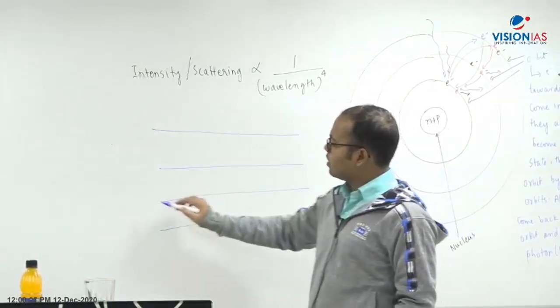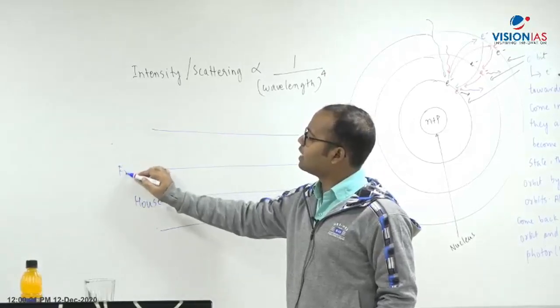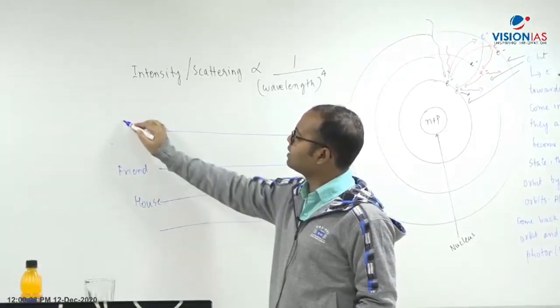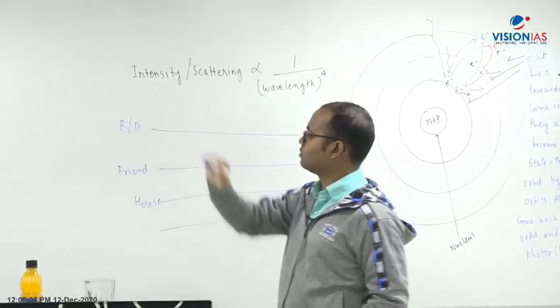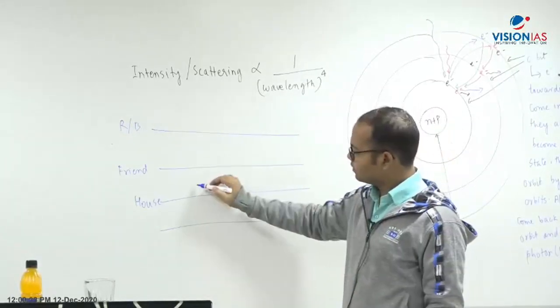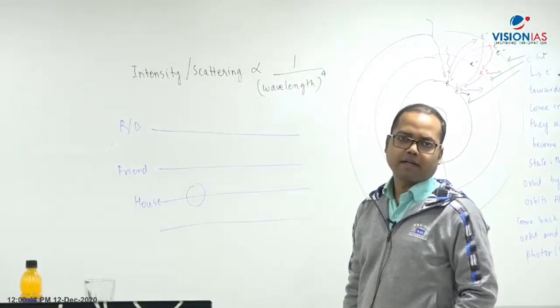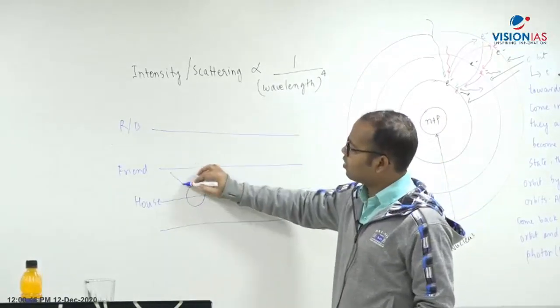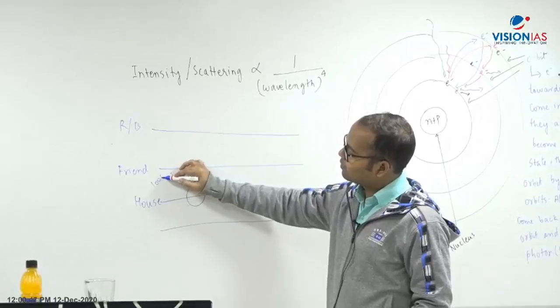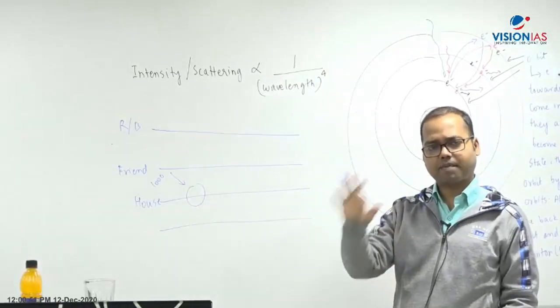Suppose this is your house. This is your friend's house. And this is, suppose, a restaurant cum bar. You are in class 10th. Go back to the days, golden days, right? You were in class 10th. Your father gave you 1,000 rupees and asked you to go for a party.